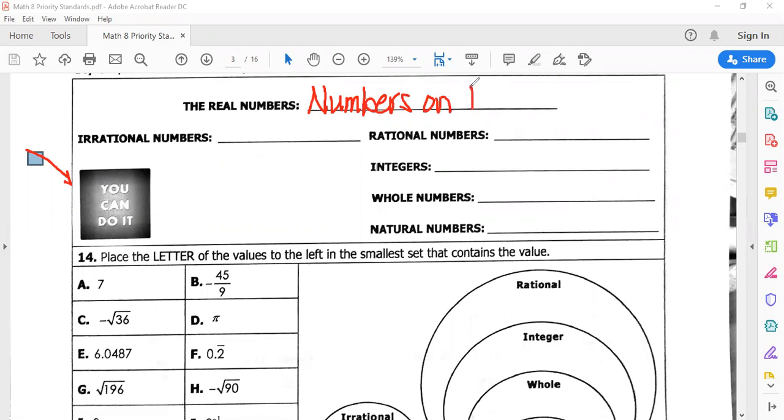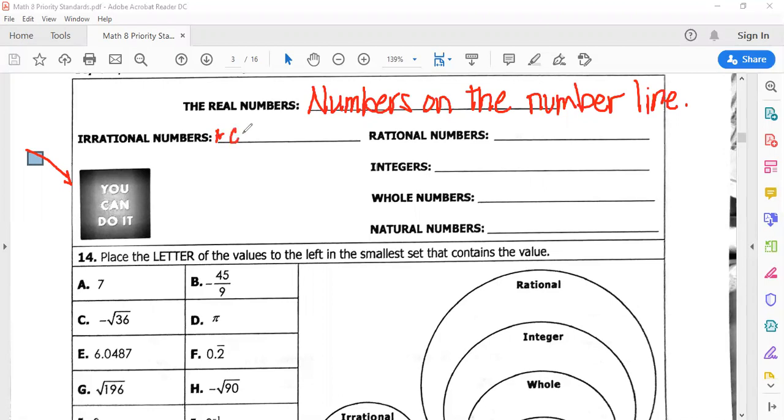I'm sorry, my handwriting is so messy. Okay, so irrational numbers. What do you do? See if you remember what that is, first of all, before I write it. Okay, so irrational numbers, we're going to write a couple of things.